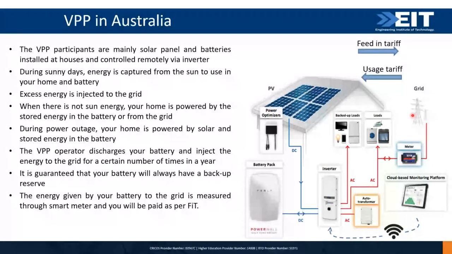So the VPP operator doesn't discharge the whole battery, and it makes sure that there is a minimum reserve in the battery. For example, 20% charge is always in the battery. So the battery owner, this householder, can use the battery reserve when there is a power outage.